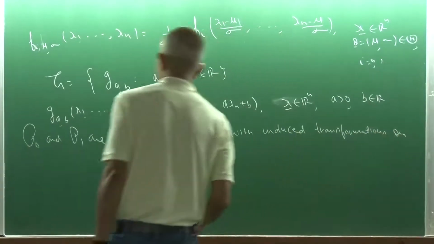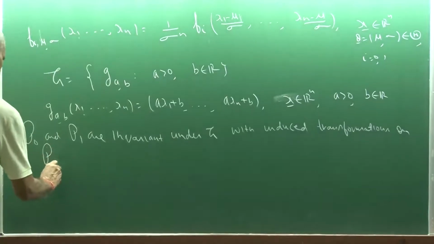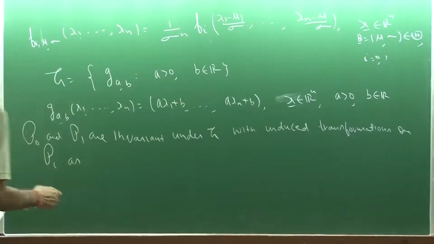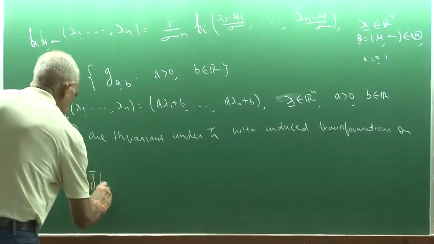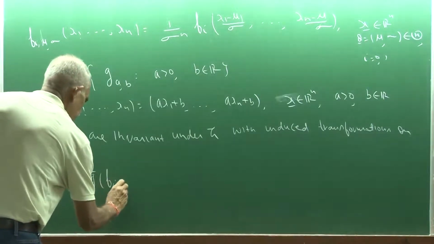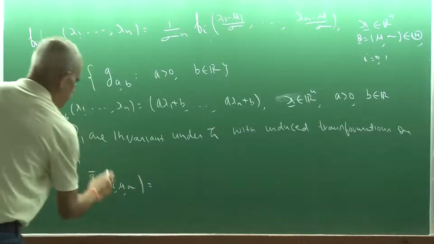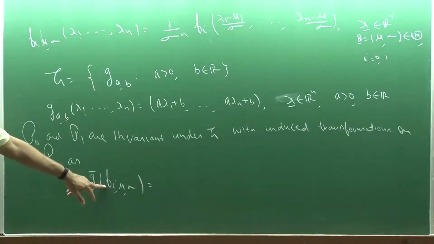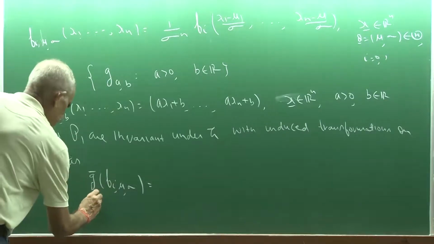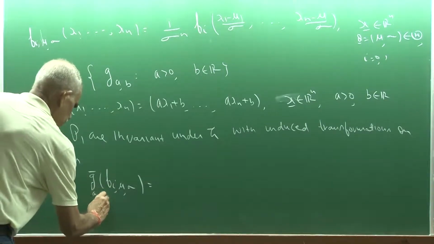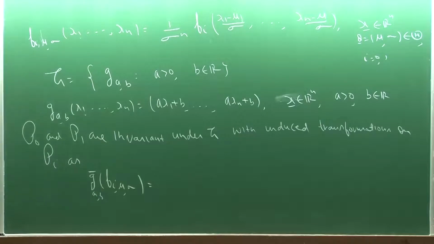What is the induced transformation? g-bar of F_i,mu,sigma: under Pi we remain in F_i only, except that under the transformation g-bar_{a,b}, mu becomes a mu plus b and sigma becomes a sigma.